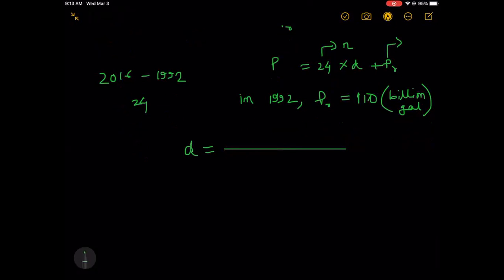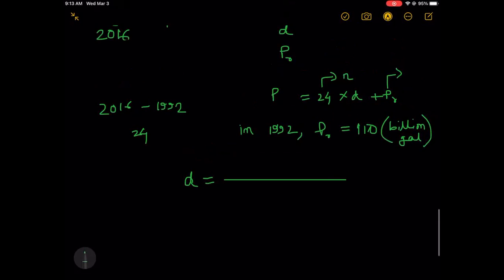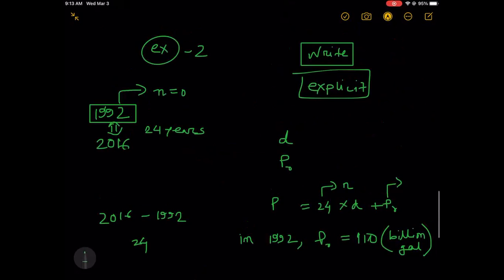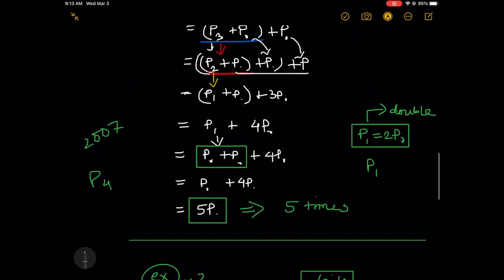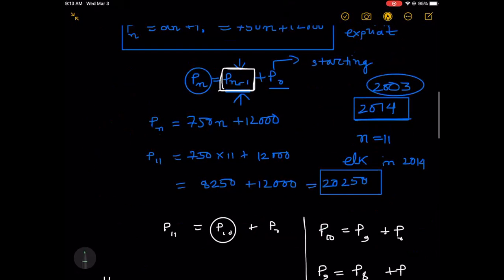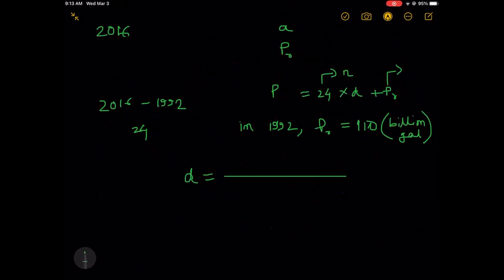So you can take any time duration and solve it for D. So let's take the entire duration, no problem. Where is the table? The table is, okay.